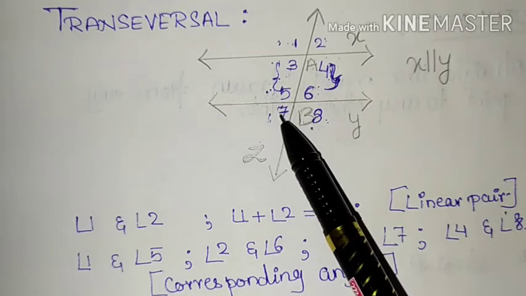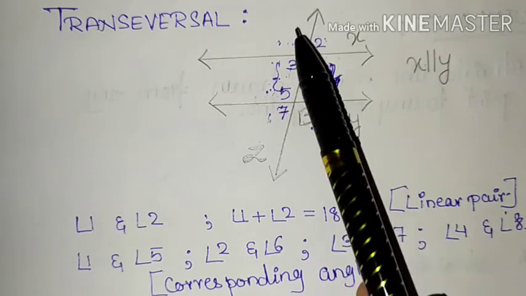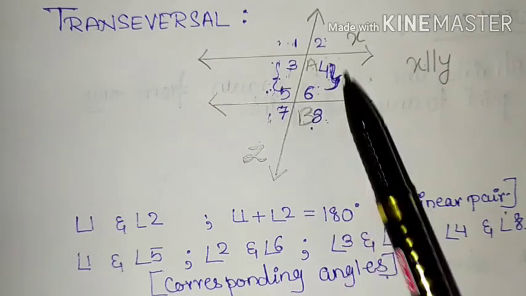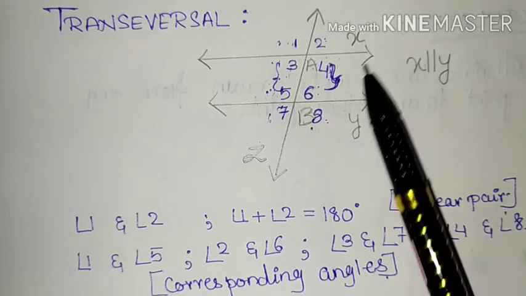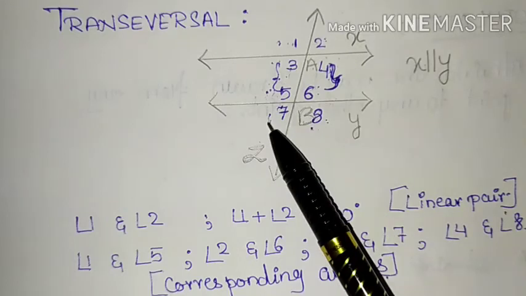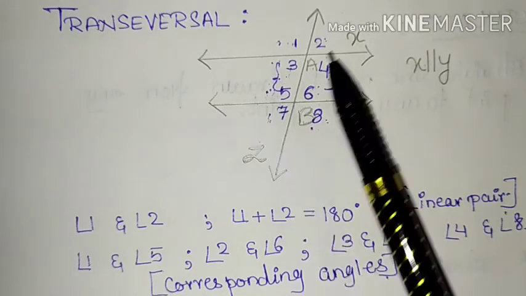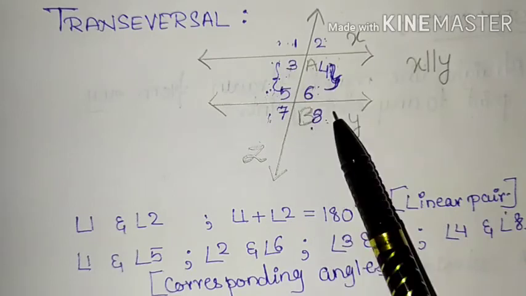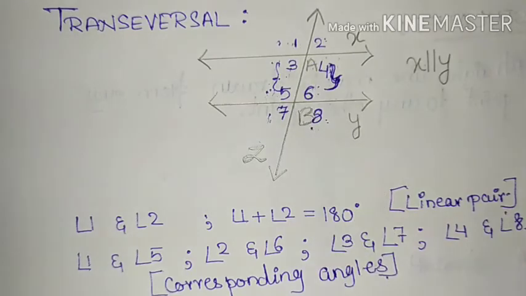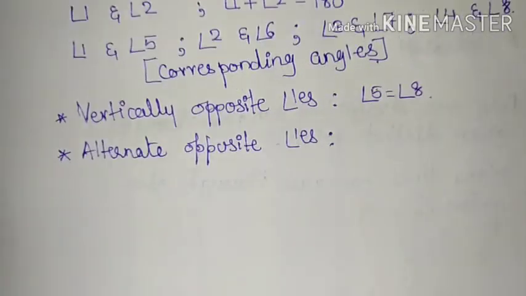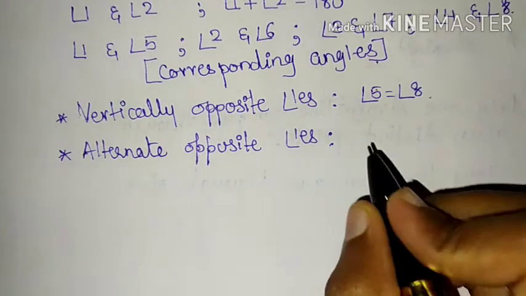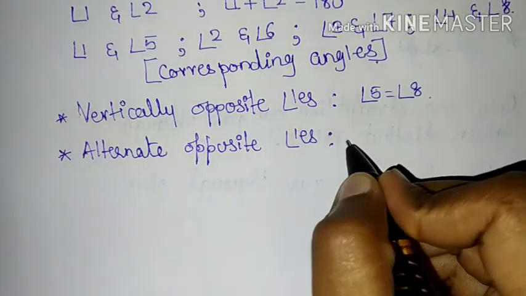Now there are exterior alternating opposite angles. They are angles 1 and 8, angle 2 and 7. They are exterior alternating opposite angles. Okay, in alternating angles there are two types, interior angles and exterior angles.